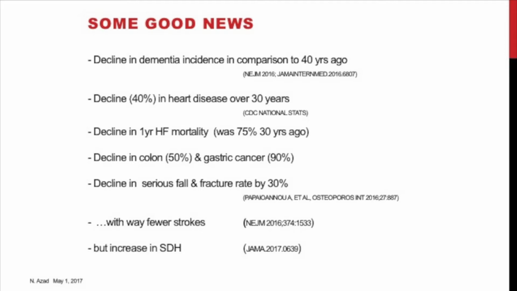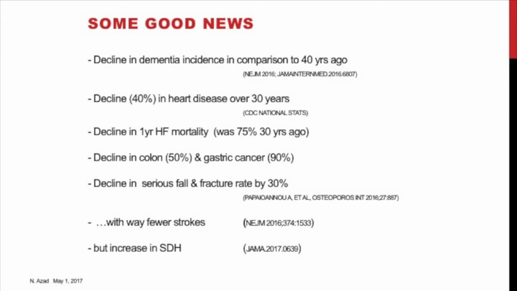Heart failure mortality: 30 years ago, if you had heart failure, your risk of dying in the first year was 75%. But now we know that our heart failure patients are living much longer. Colon cancer, gastric cancer, diet-related, significant decline.